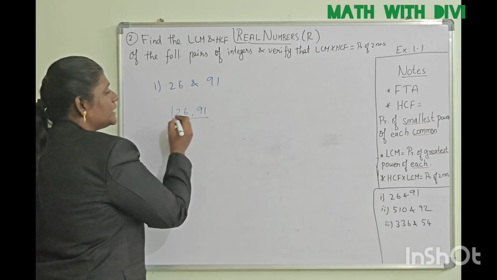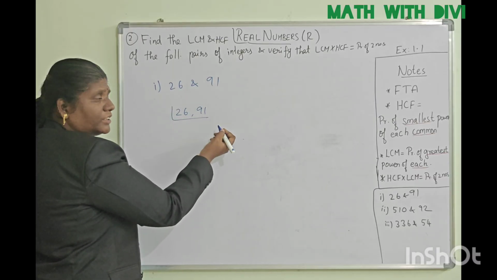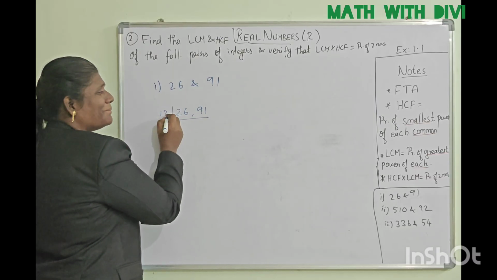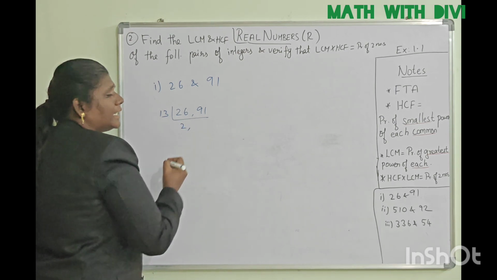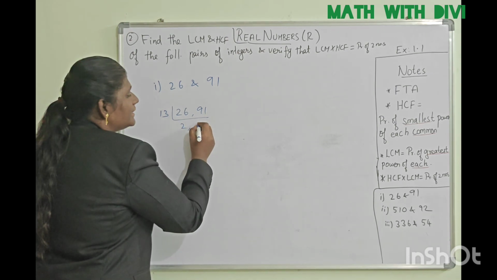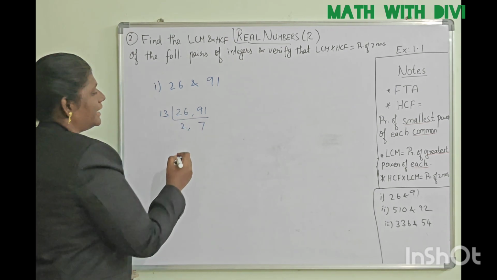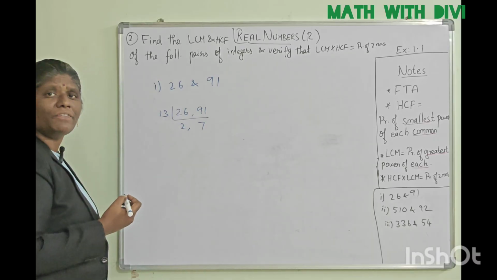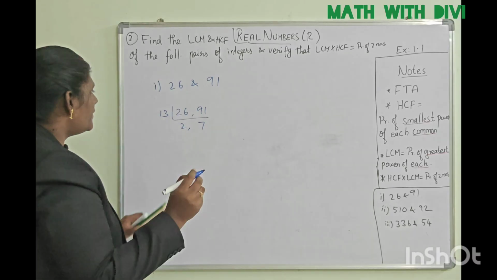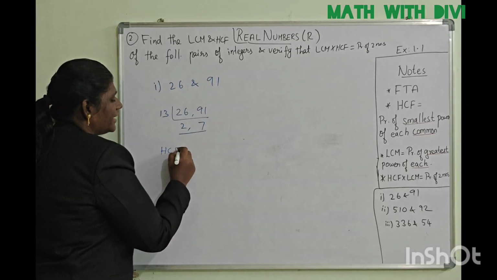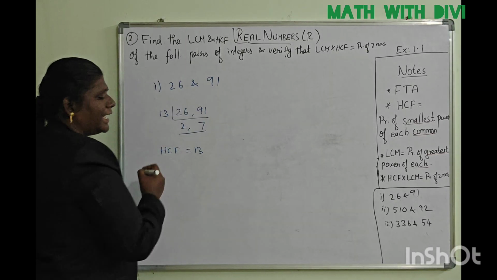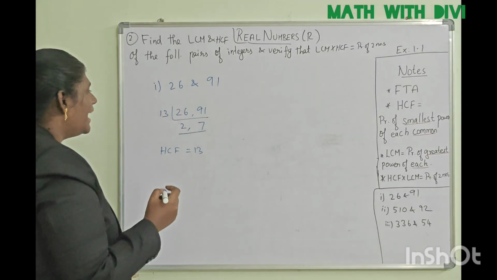See, which table will it come in? 13 table, right? So 2 13s are 26 and 7 13s are 91, right? Is there any other common factor? No. So we will stop it. That's it. What is the HCF here? 13 is the HCF.